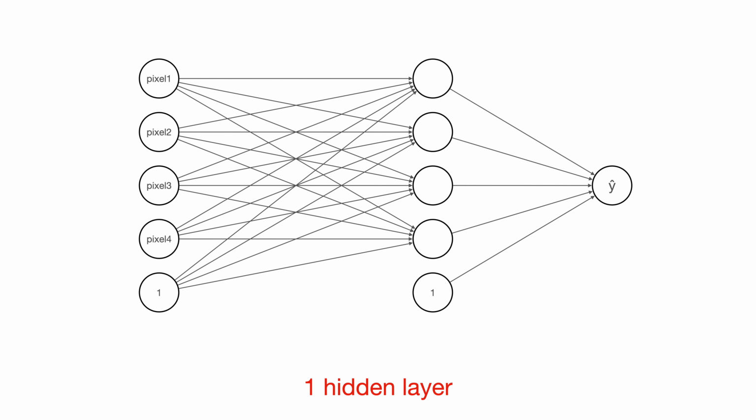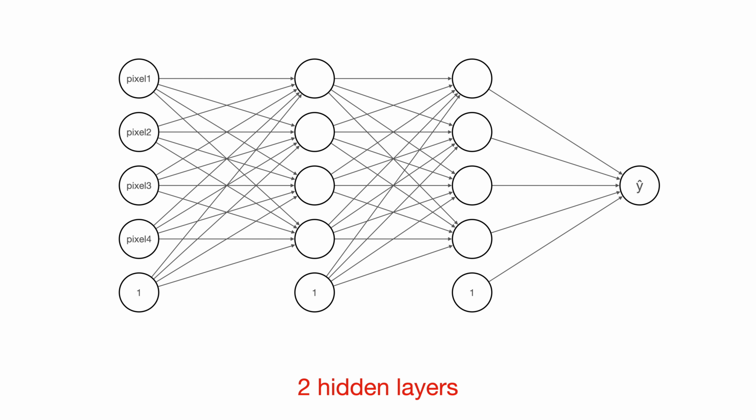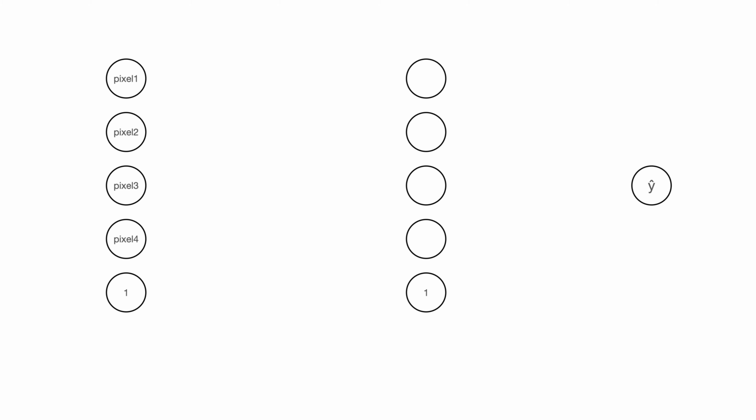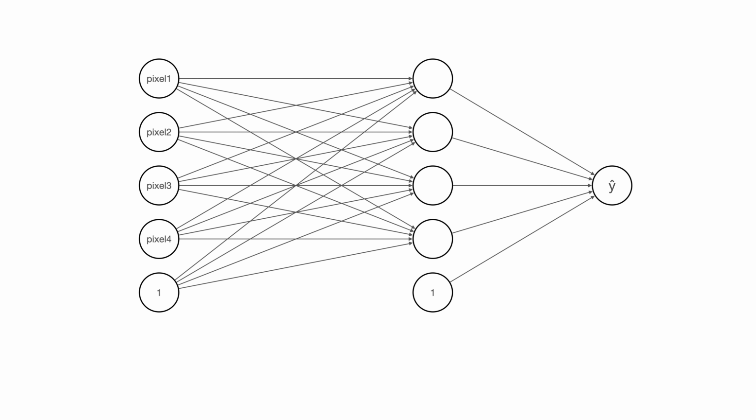I also don't know how many hidden layers I should chain together, but to keep things simple, I decided to start with just 1 hidden layer. And for the output layer, I know it has to have 1 node because I'm designing this model to be a binary classifier, just like a typical perceptron. Later on, we'll see how we can extend this model to have multiple output nodes.